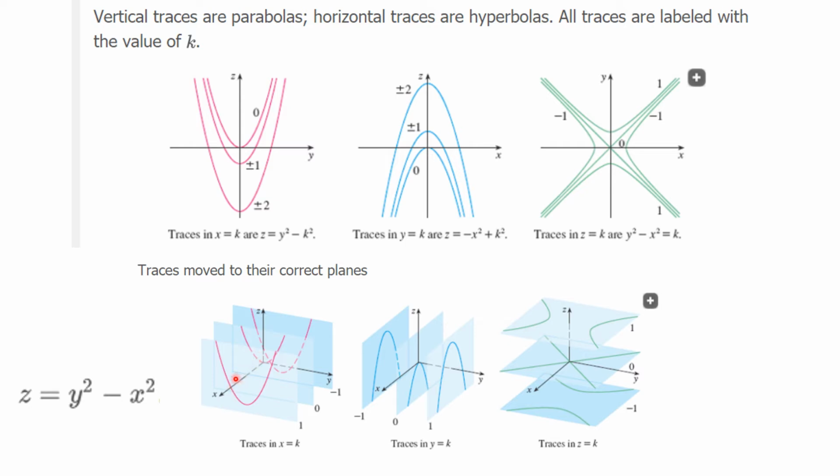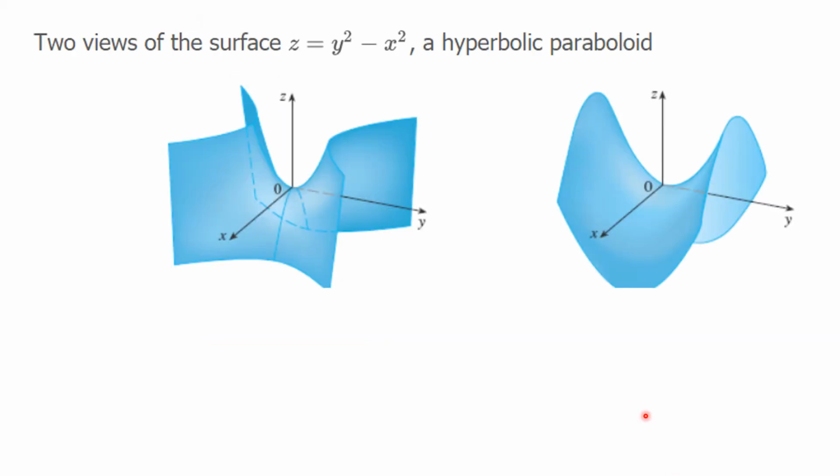So you see you have parabolas there that are opening upward. If we look at traces in the y equals k, we have parabolas that are opening downward. So you want to think about, you're going to be taking these together, and here we have hyperbolas. And so when we put all three of these together and put wallpaper, you see we have this.